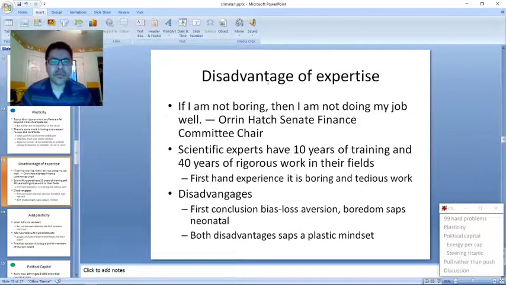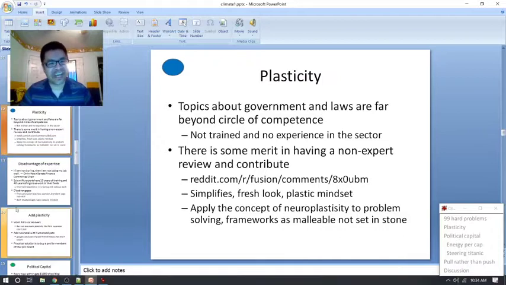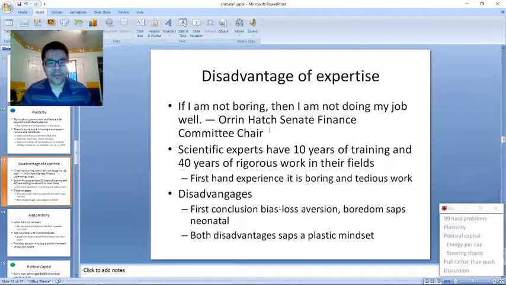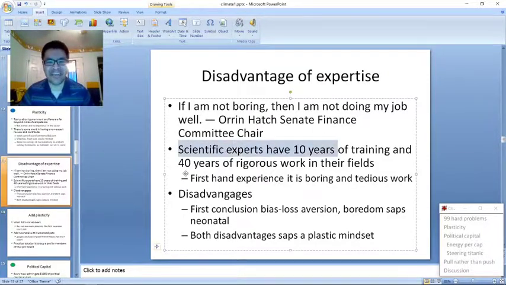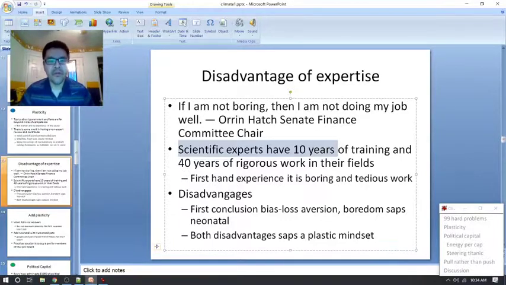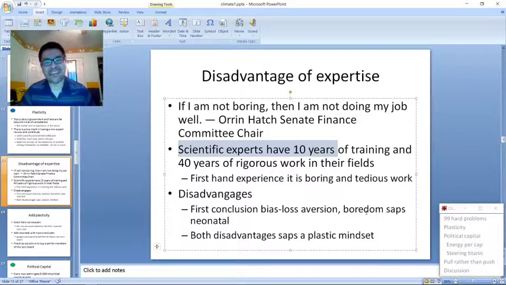One of the disadvantages of expertise is this plasticity aspect, because scientific experts have 10 years of training and 40 years of rigorous work in their fields. From my experience as a scientist, as a biologist, it's boring and tedious work.